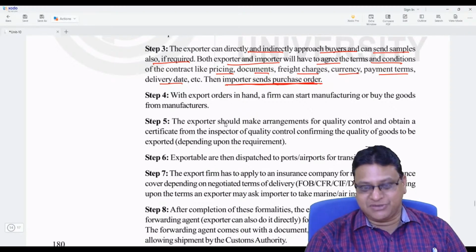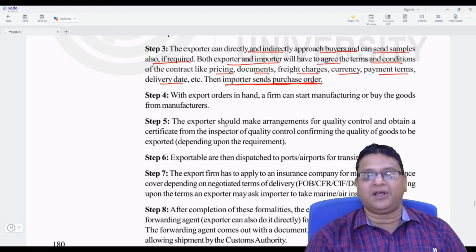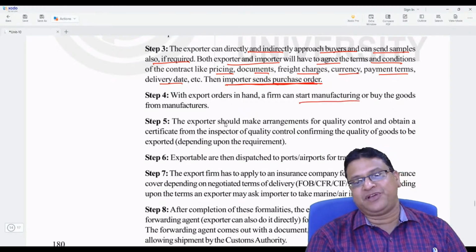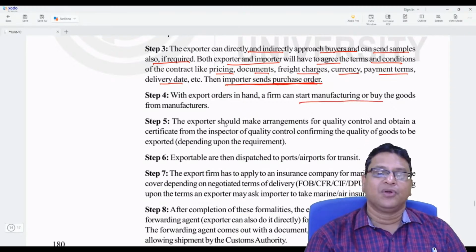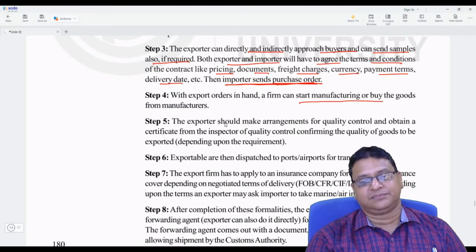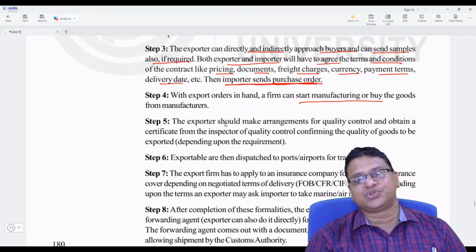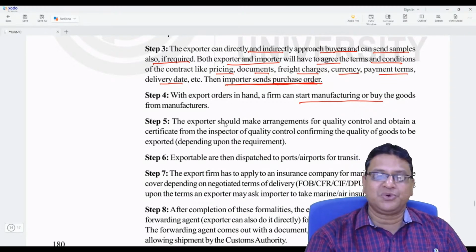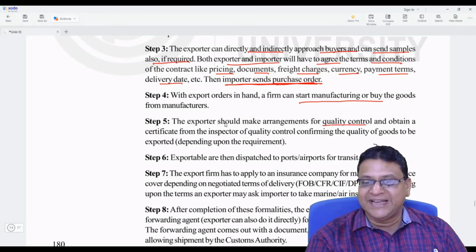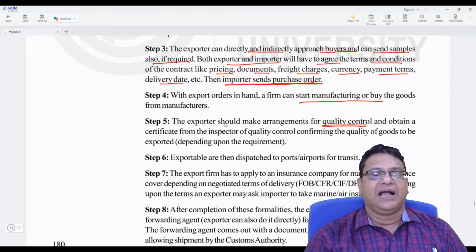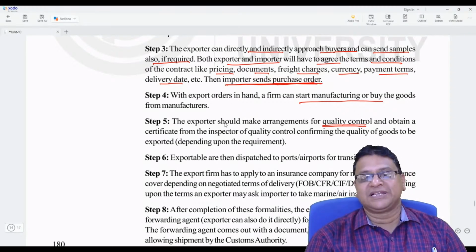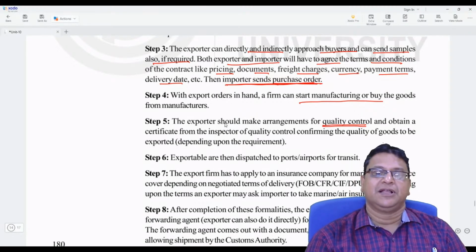Once you get the purchase order, which is known as an export order, you can start manufacturing the goods or buy the goods. Next, once you manufacture the goods or buy the goods, you should make arrangements for quality control. Quality plays an important role in international business.